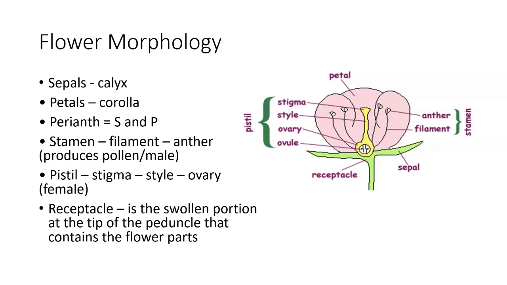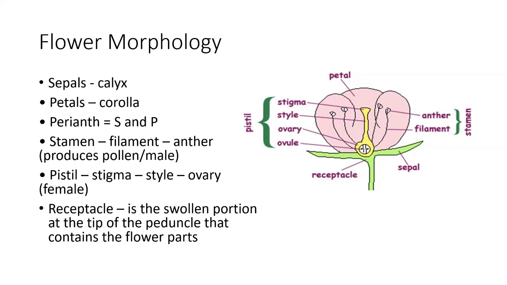For us as humans, we want the flowers to be as aesthetically pleasing as possible. So this is where you get into hybridization and trying to breed for the best corolla or petals. Perianth is the sepals and the petals combined.